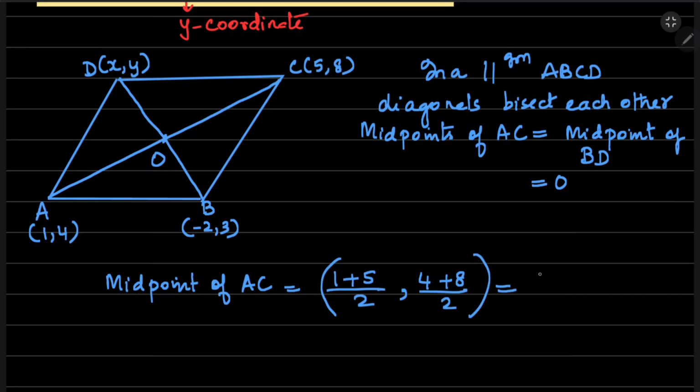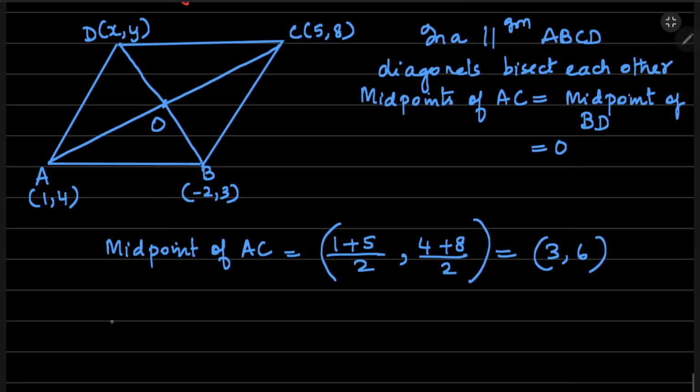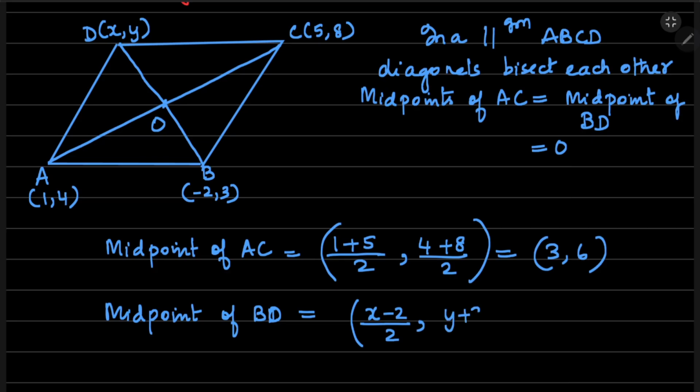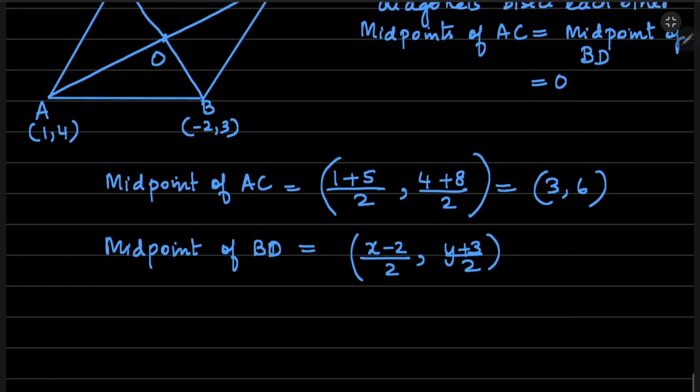So what is this? 6 by 2, which is 3, and 4 plus 8 is 12 by 2, which is 6. So 3 comma 6 is the midpoint of AC. Let's find the midpoint of BD. Midpoint of BD will be equal to x minus 2 by 2 and y plus 3 by 2, and both are the same.